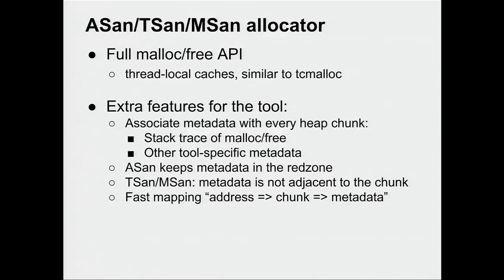The difference between our malloc and many other mallocs is that it has extra features that are required for all three tools. And the major feature is that we need to associate some special metadata with every chunk of heap allocated memory. Examples of metadata we store, like stack trace when the malloc or free has happened.